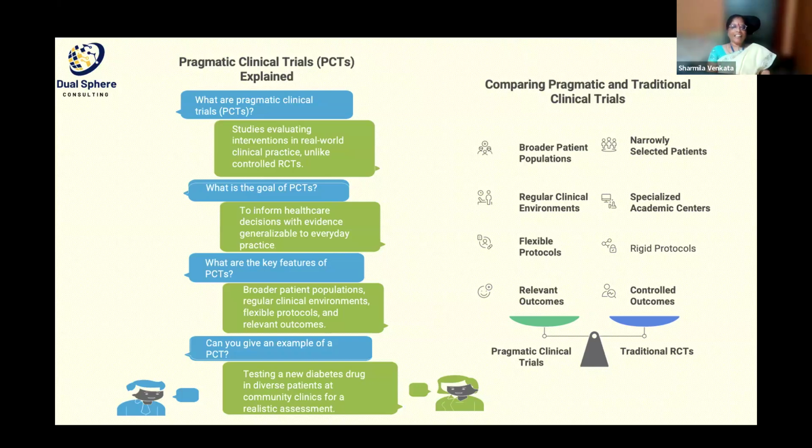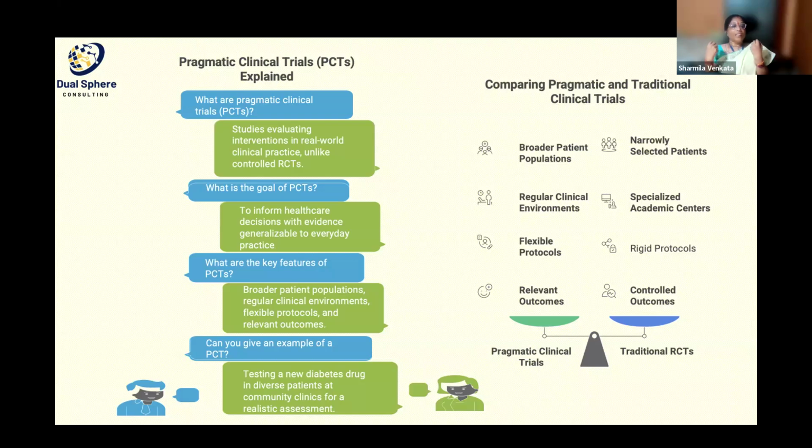Here's why external validity matters. PCTs include older, multimorbid, and diverse patients treated in typical clinics. That is the people I will actually be funding. Relevant outcomes are hospitalization, adherence, quality of life, and resource use, the drivers of budget impact and value.